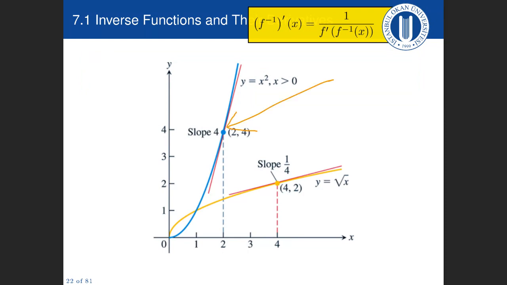When x is equal to 2, the slope is equal to 4. The yellow curve is y is equal to the square root of x. And when x is 4, that's the equivalent place, the slope is 1 divided by 4. So look, slope 4 here, slope 1 divided by 4, because we're doing 1 divided by f prime.